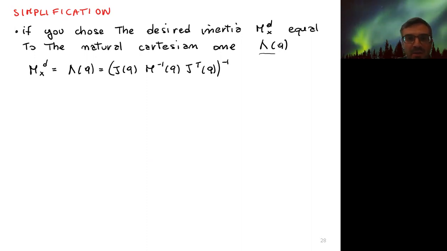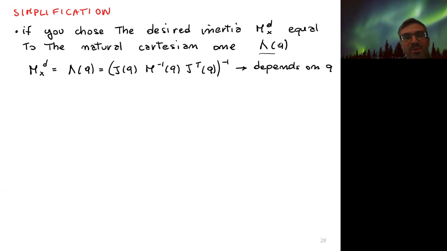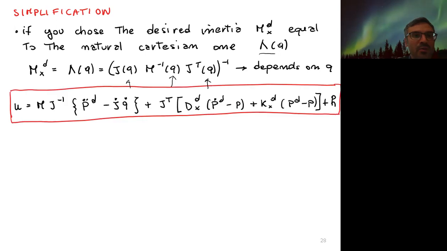This is the one for redundant robot, that works also for redundant robot, and you see that you have a dependency on the joint configuration. If we do so, magically, and you replace in the previous expression, the need of an external contact force sensor is disappearing, and the fx disappears from the equation.